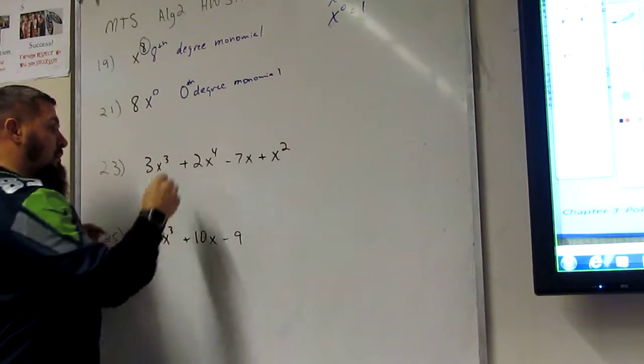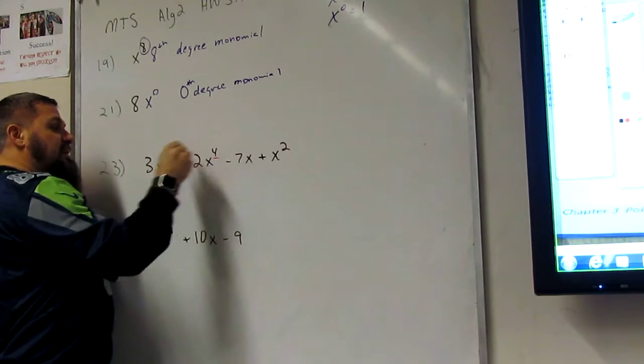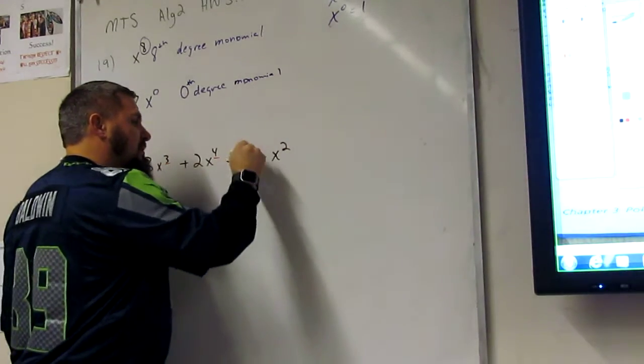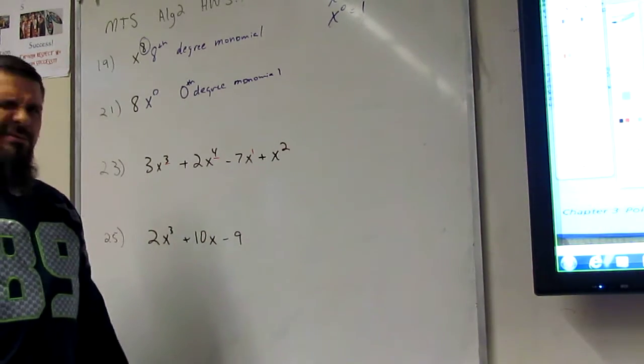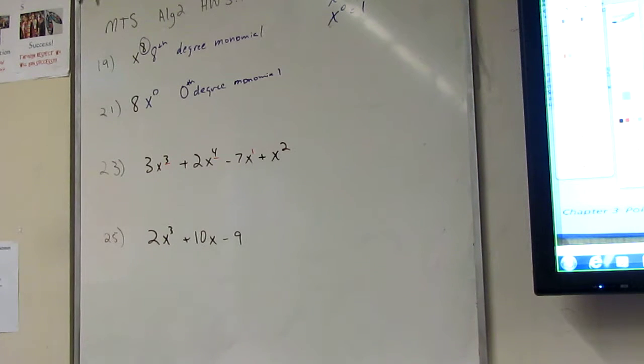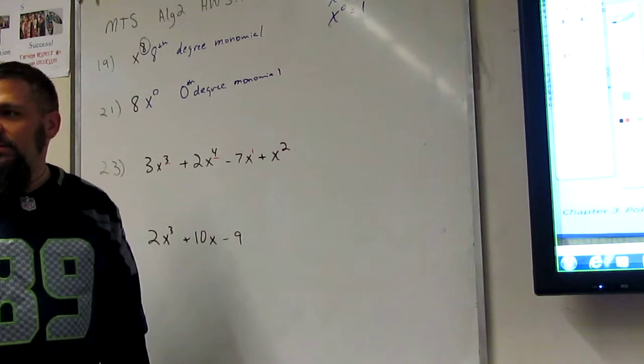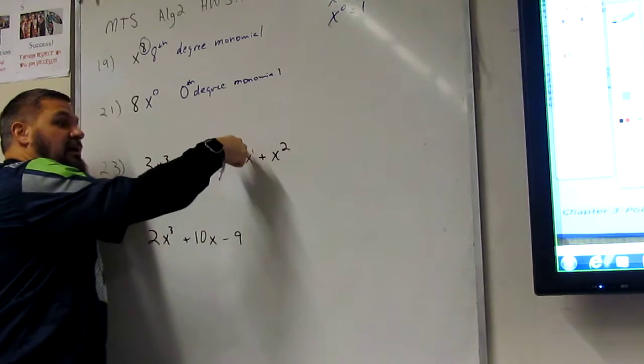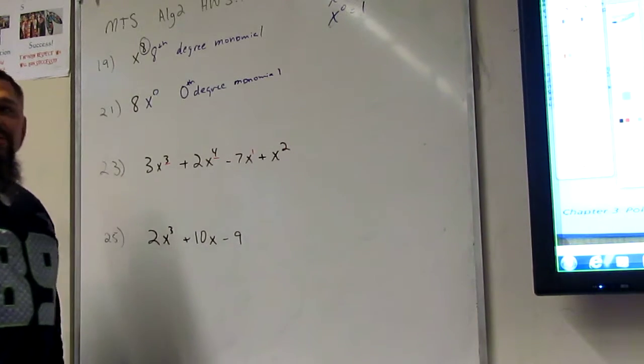The hard part for her is to know that this would be a 1. She's 5. Come on, give her a break. But you guys should realize by now that this is an invisible 1.